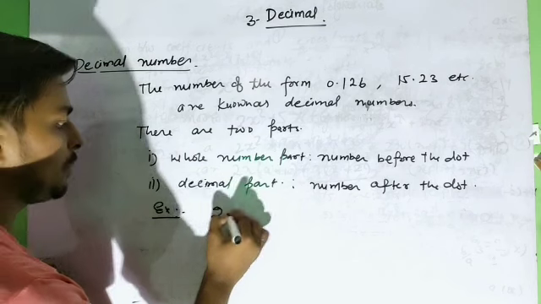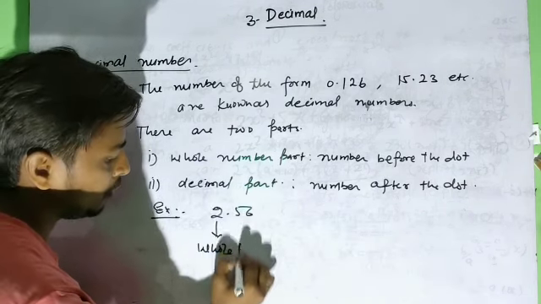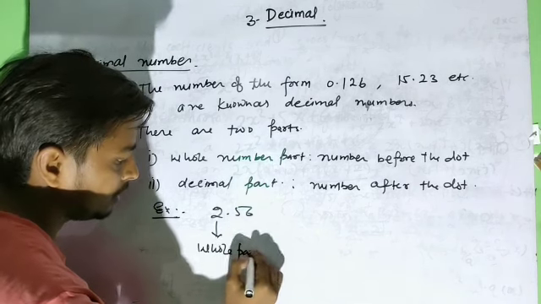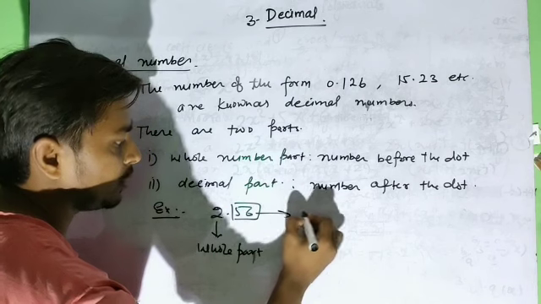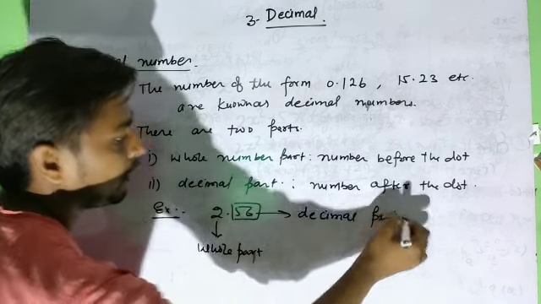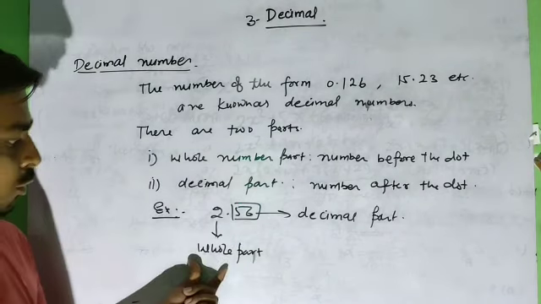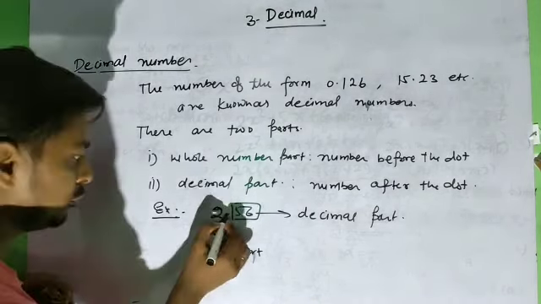So in this example 2.56, this 2 is the whole number part, and this is the decimal part.